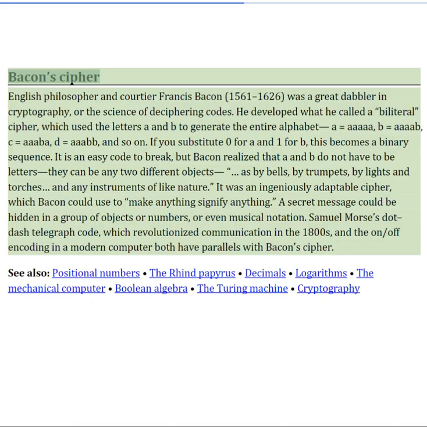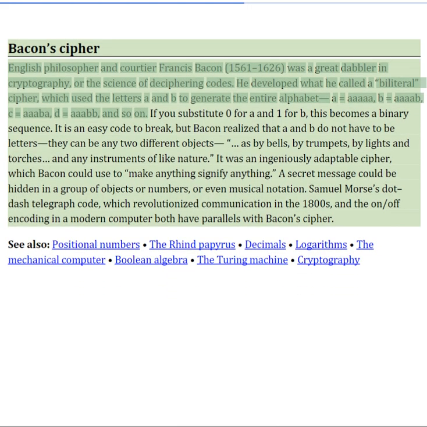Bacon's cipher. English philosopher and courtier Francis Bacon was a great dabbler in cryptography, or the science of codes. He developed what he called a biliteral cipher, which used the letters A and B to generate the entire alphabet: A equals AAA, B equals AAB, C equals ABA, D equals ABB, and so on.